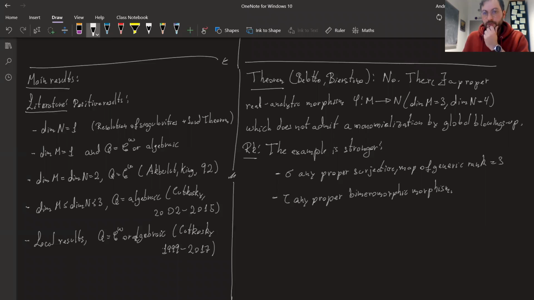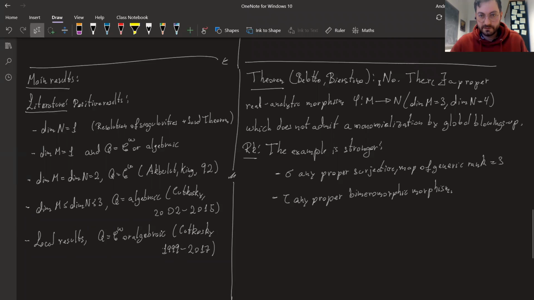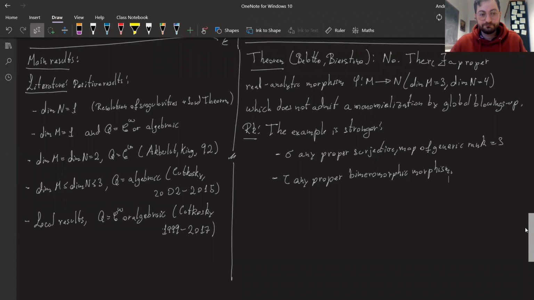And particularly blowing up with weight, if you quotient after weight, if we do it in the way that it is still bimeromorphic, you cannot resolve it by using those. Okay, so this is the answer to the original question, as we said, the answer is no. There is a counterexample of it already in the real analytic case.